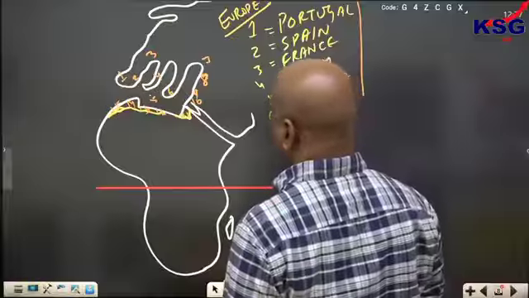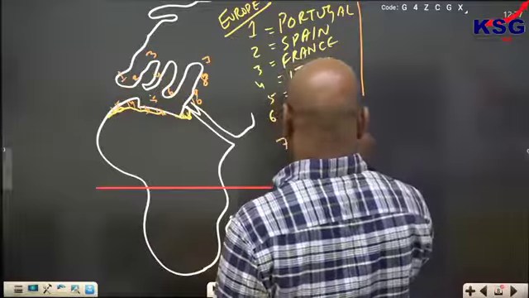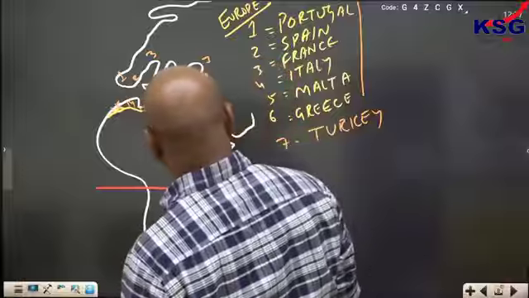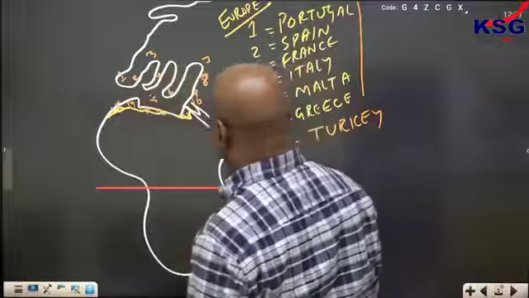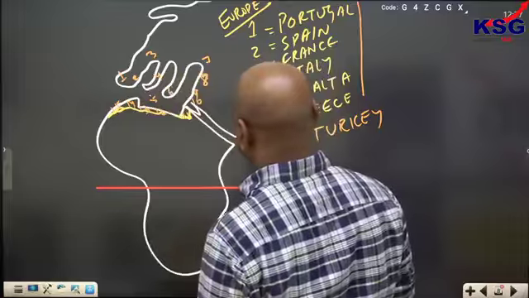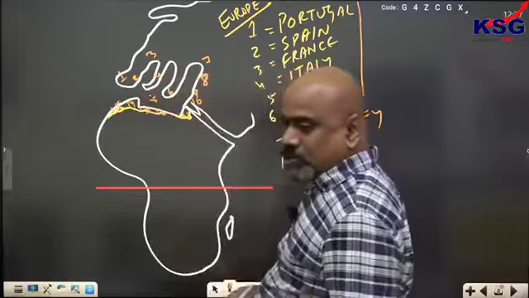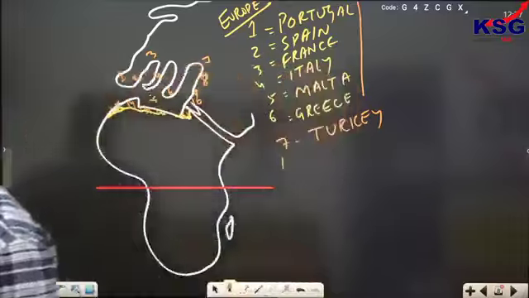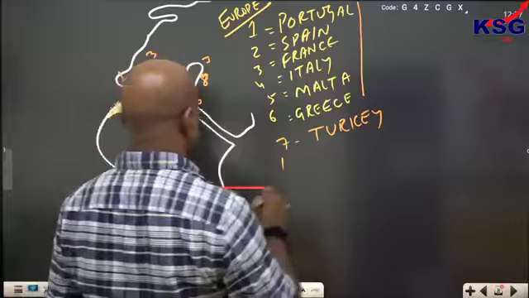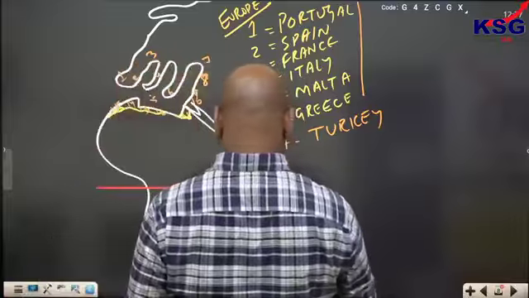Seventh here is Turkey. Can you see this? Can you see Turkey? Turkey is there. Then eighth is Syria.